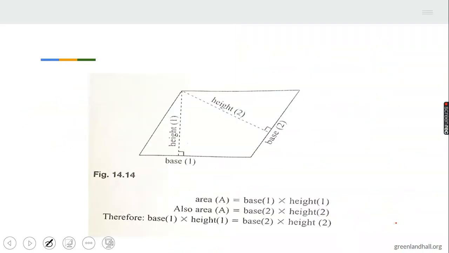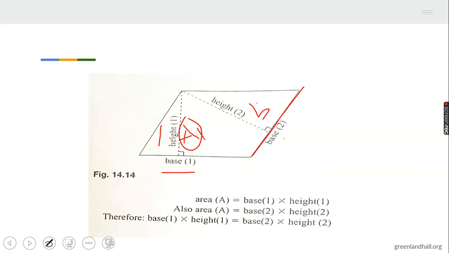Now, this is another one talking about a parallelogram having two heights. This is height 1, this is height 2. This is base 1, this is base 2. Now, what it means is that we can find the area of this one. We call this one A and this one B. If we are using base 1 and height 1, I call it area 1.